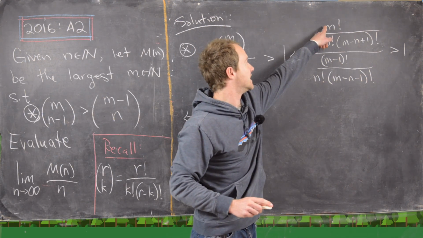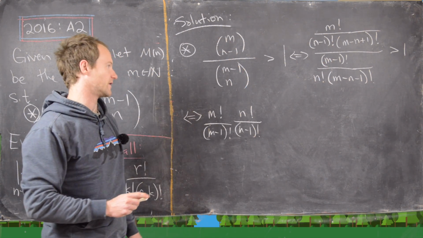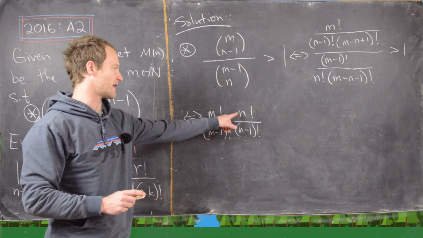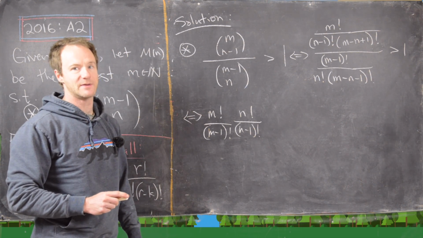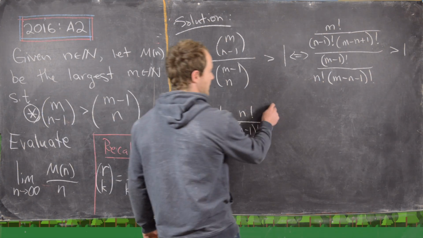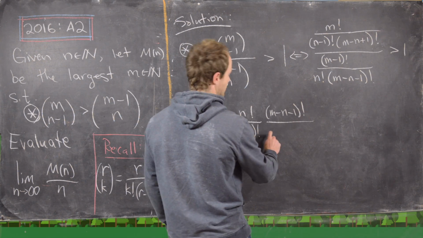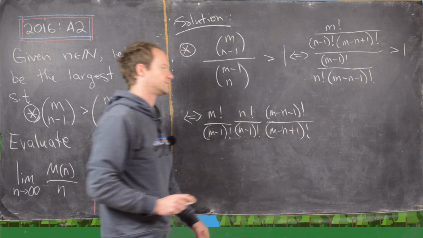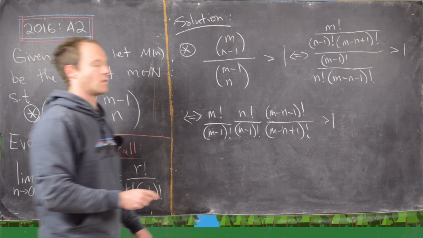This is in the numerator of the numerator, and this is in the numerator of the denominator. But n factorial is in the denominator of the denominator, so that flips up to the numerator, and n minus 1 factorial is in the denominator of the numerator, so that stays down here. Okay, good. And then we also have m minus n minus 1 factorial over m minus n plus 1 factorial, and that's equivalent to this being bigger than 1.